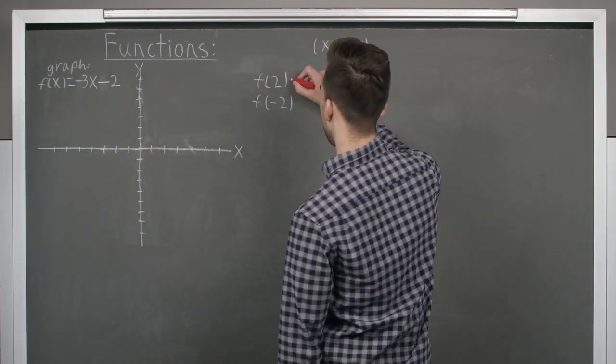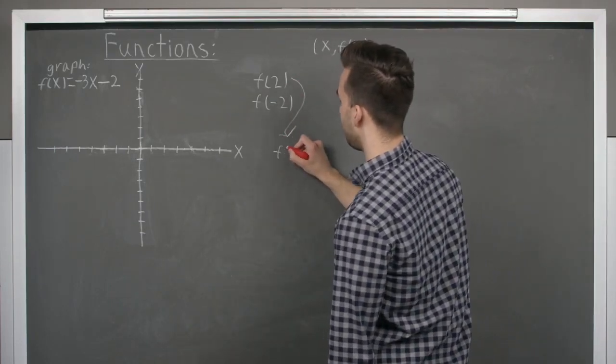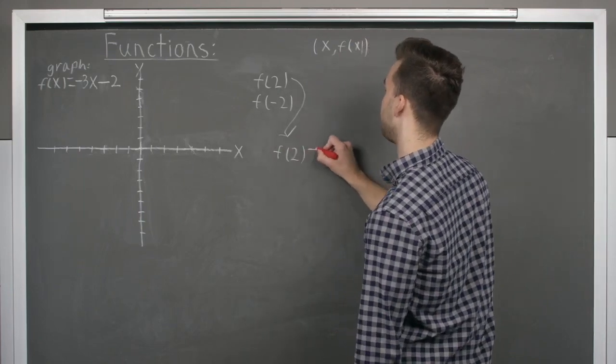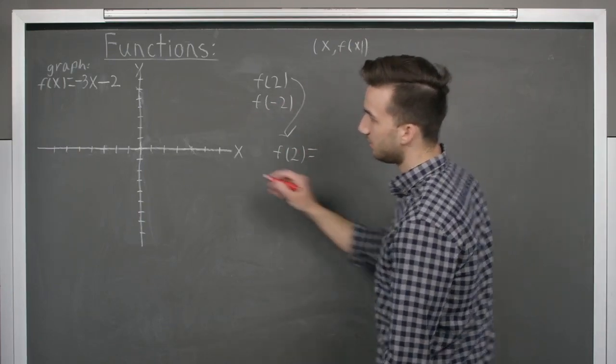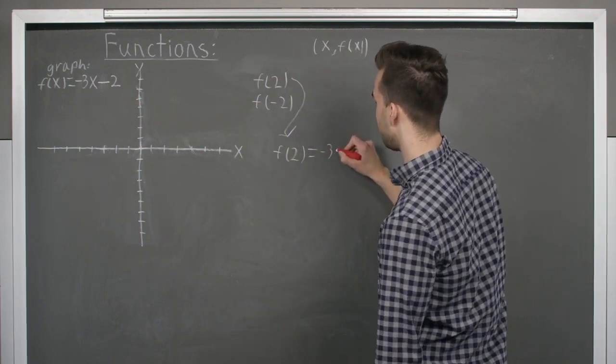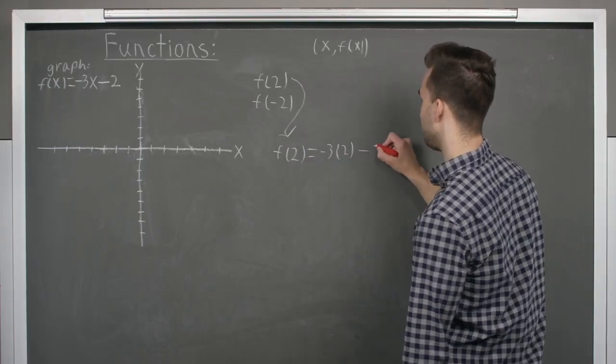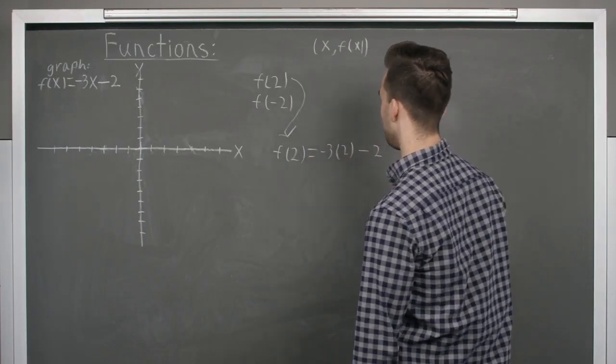So for our x equals 2, we can write this as f of 2. And then we're just going to substitute into the function. So -3 times our x is 2, right? And then -2. Now we can simplify this.